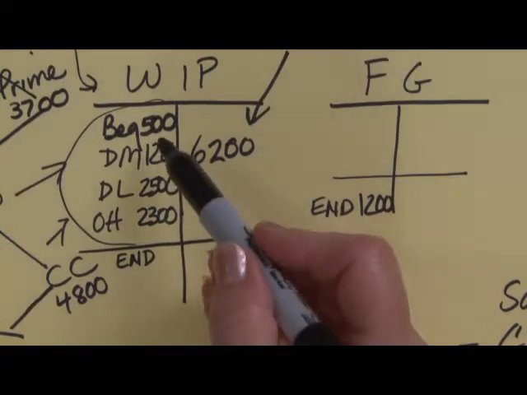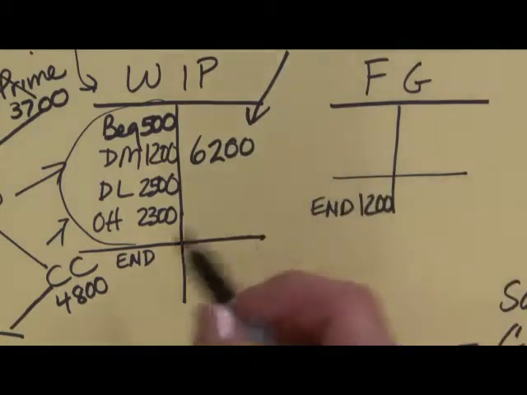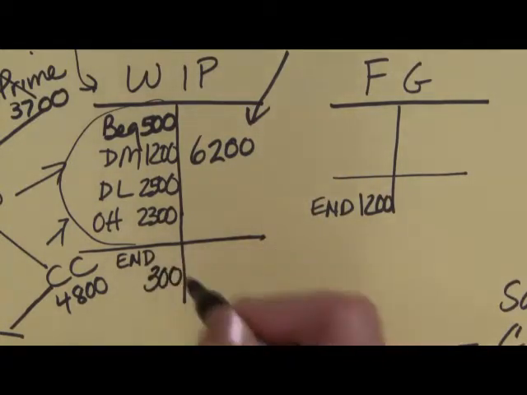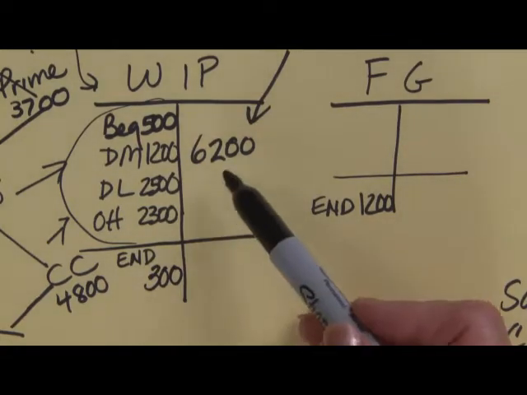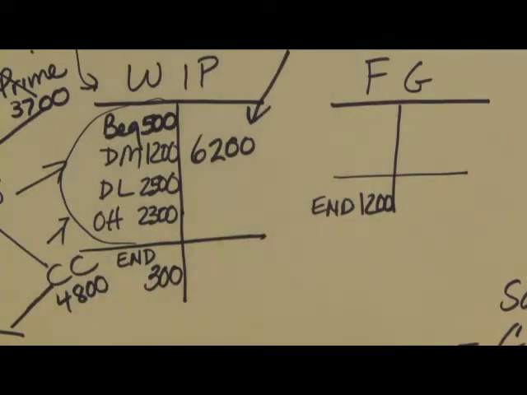So when we add this up, we get $6,500. $6,200 went out of this inventory account, so we end up with $300. 62 plus 3 is 6,500 equals all the cost here to be accounted for.